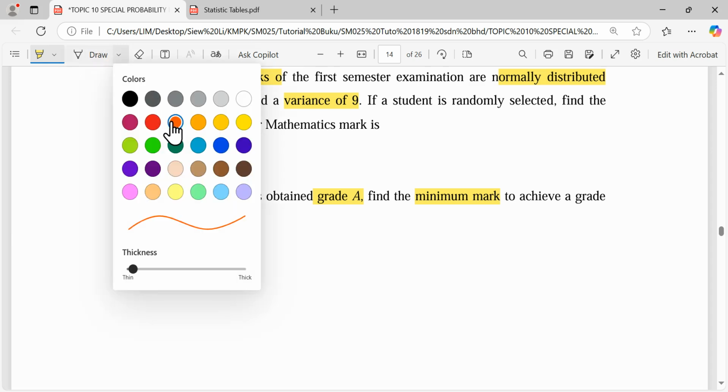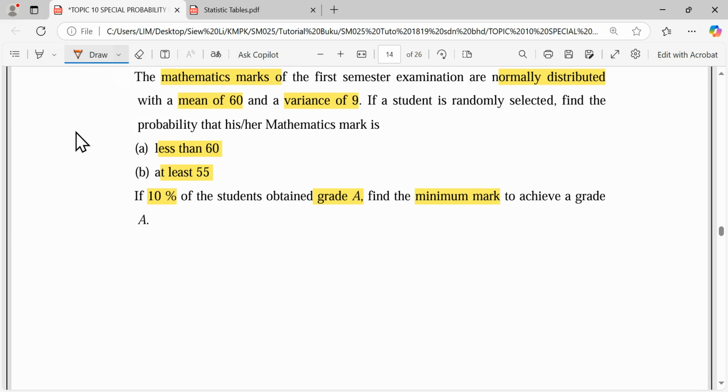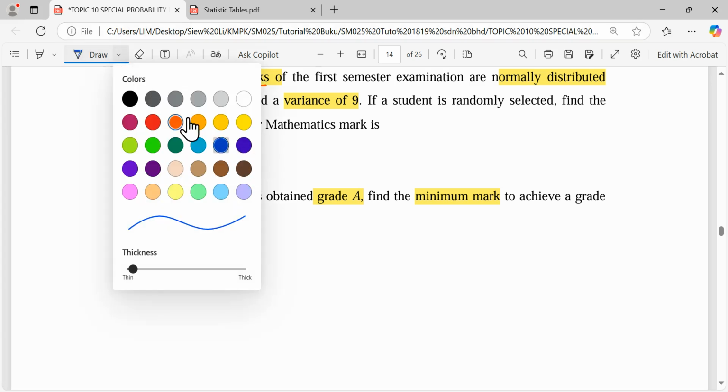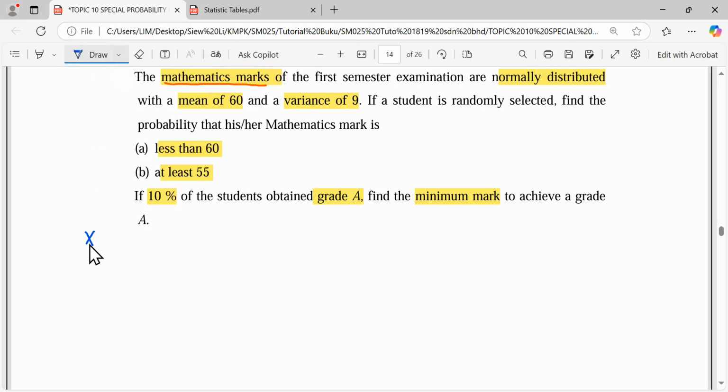Firstly, we define our variable here. This is our mathematics marks. Therefore, X here is talking about marks. And this question is given that it is normal distribution. So X is distributed normal with mean 60 and variance 9.